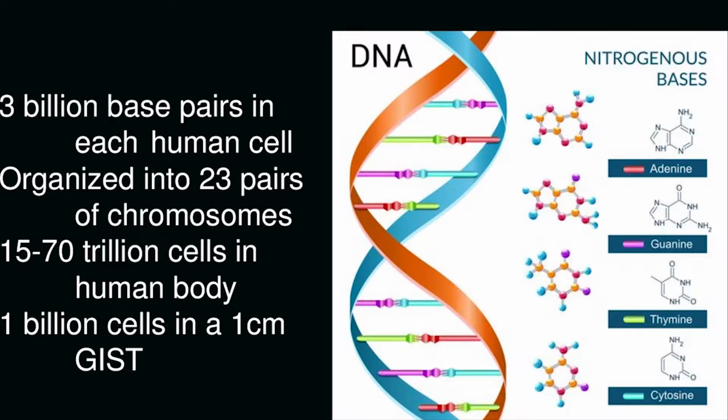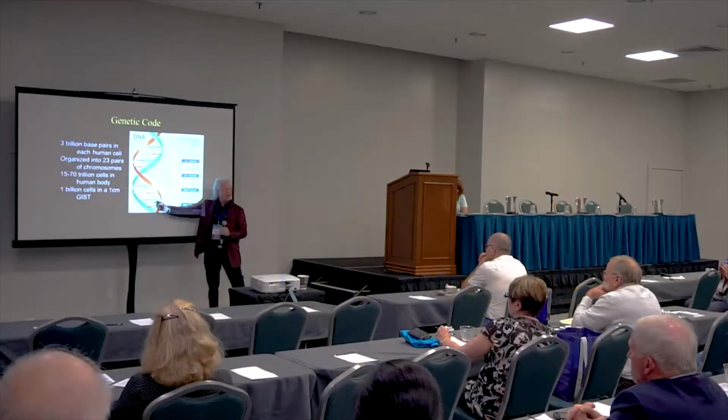And look at some of these numbers. In just one cell, and I may have, again, 10 trillion cells in my body, there are 3 billion molecules that make up the DNA.